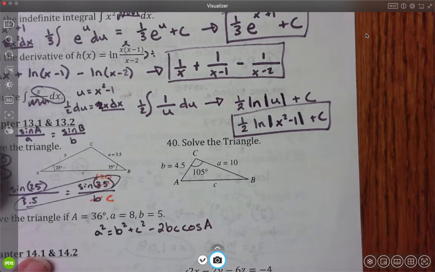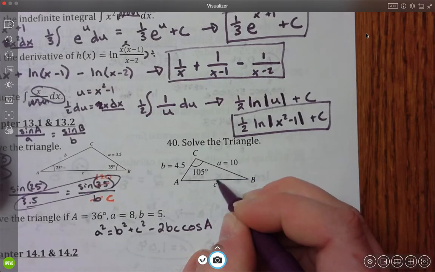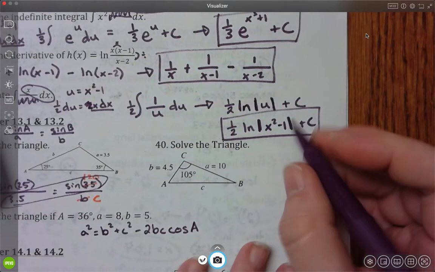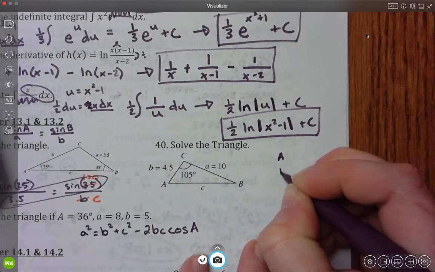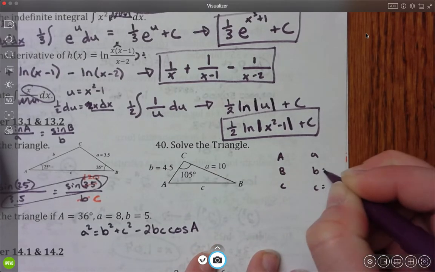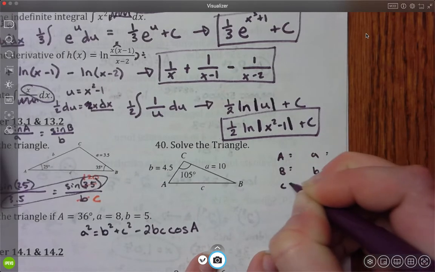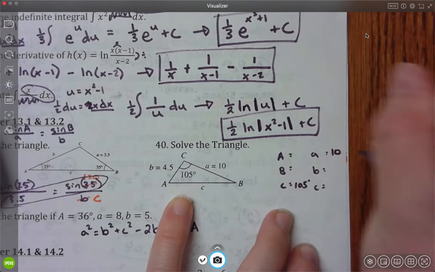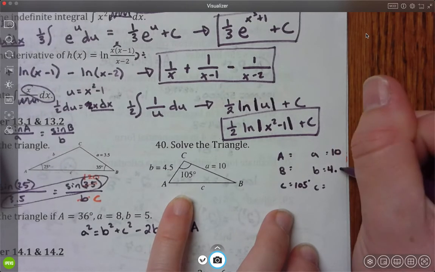Okay, so we have three sides, one angle. So we're going to be solving for lowercase c in this case, probably first. I'm going to write this out: A, B, C, and lowercase a, lowercase b, lowercase c. 105 is what we know is here. Capital A is 10, lowercase a is 10, lowercase b is 4.5.